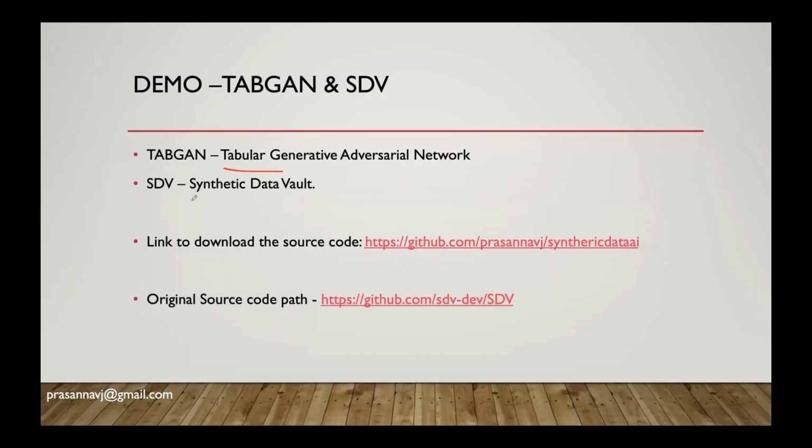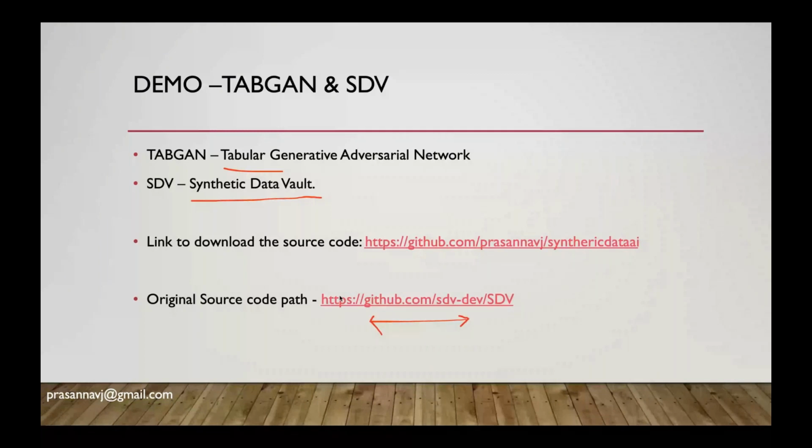The code for this is already uploaded in GitHub, and the link for the GitHub is already shared. The original source code that I referenced is from the same location. I will be using their own source code for the demo, so I've not done much modification because the samples that they have given are very good.